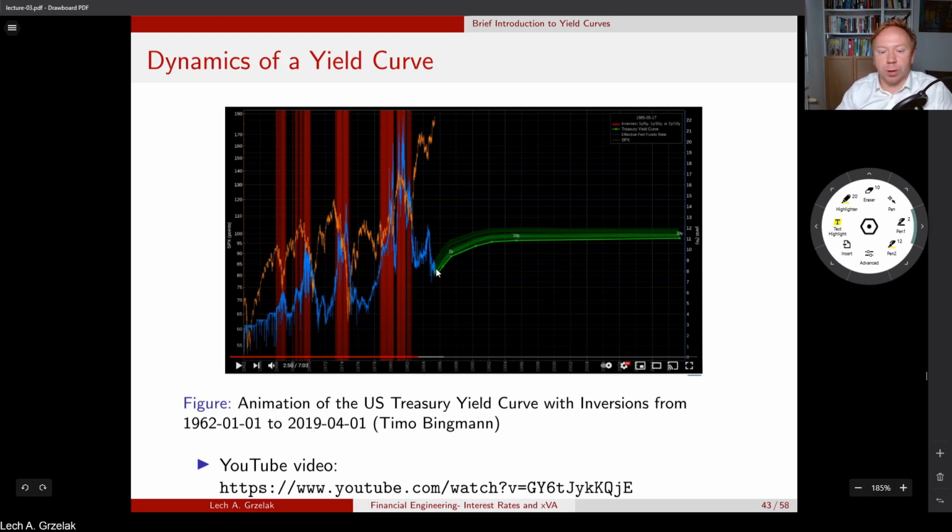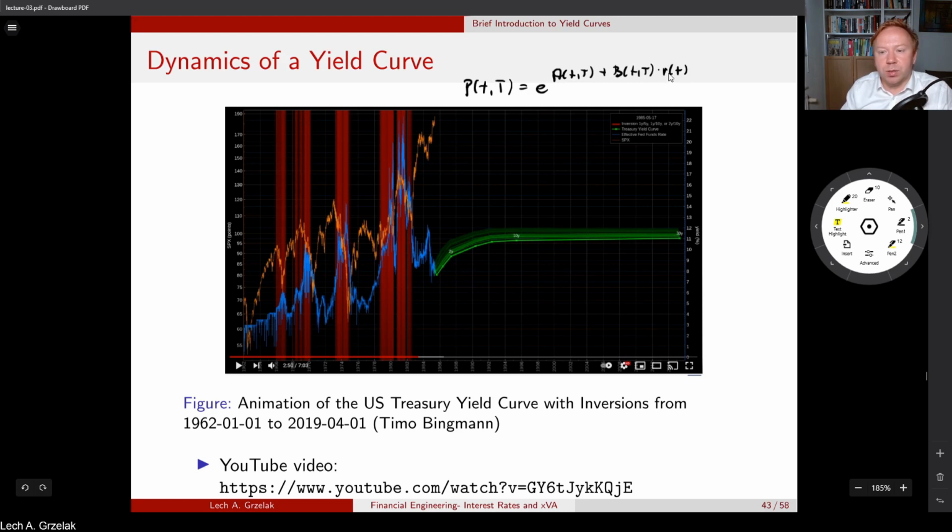So it will be this exponential form. We have a zero coupon bond with maturity capital T. We will have e to the power A(t,T) plus B(t,T) times r(t).